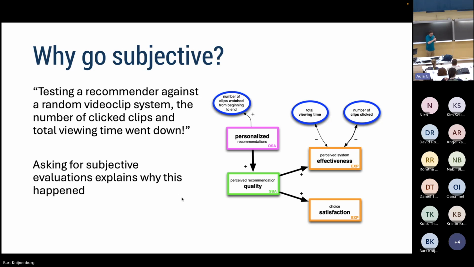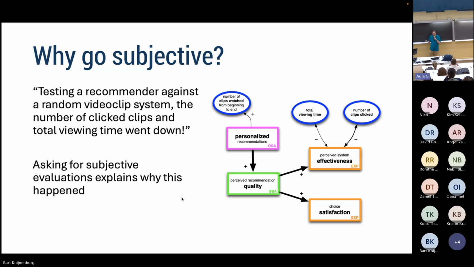We also measured the perceived system effectiveness and their choice satisfaction. How much do you like the clips that you click on? How effective do you feel the system is? Both of those were positively related to the perceived quality of the recommendations. And we found a negative correlation between system effectiveness and the total viewing time and the number of clips that people clicked on. So what happened here?